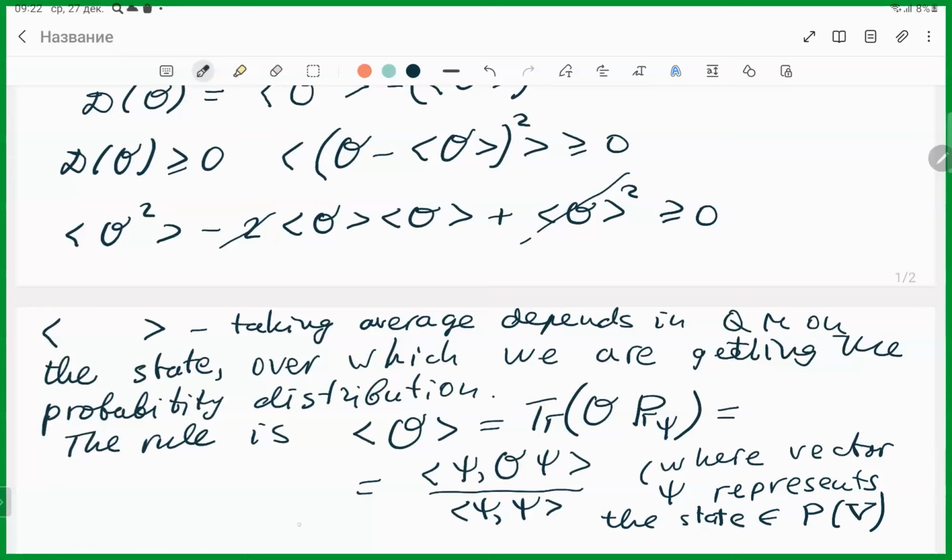From the formula that I call F, it is clear that the result is independent of the length of psi.